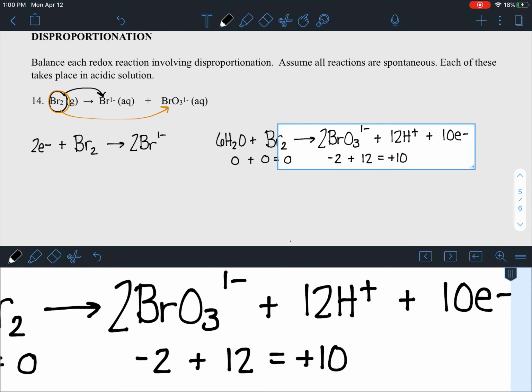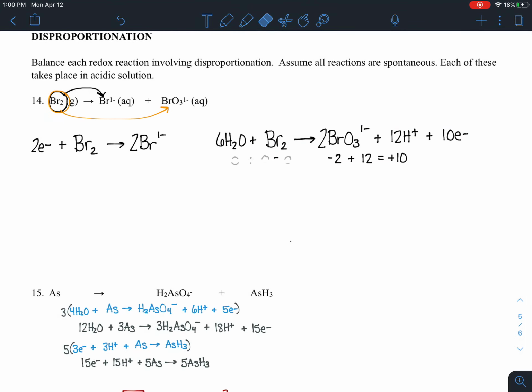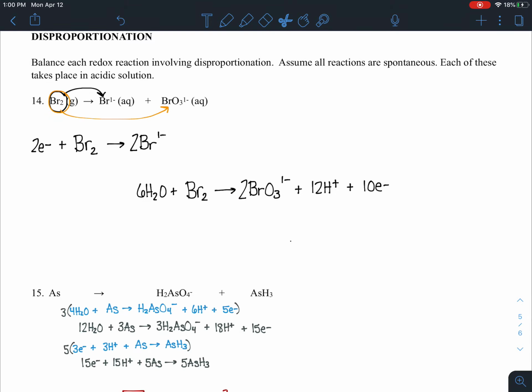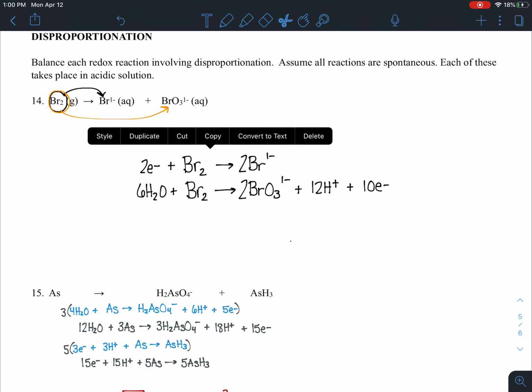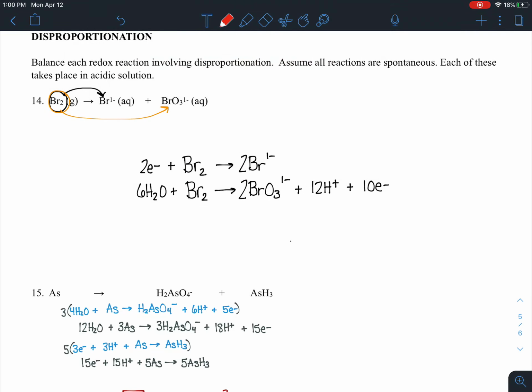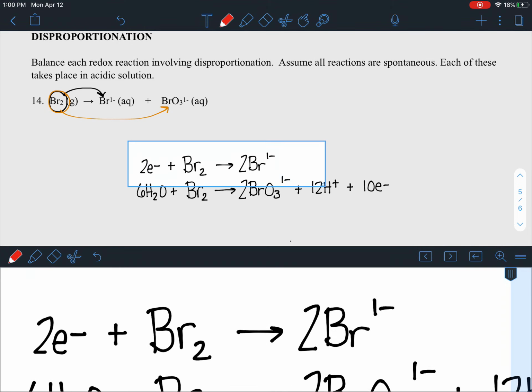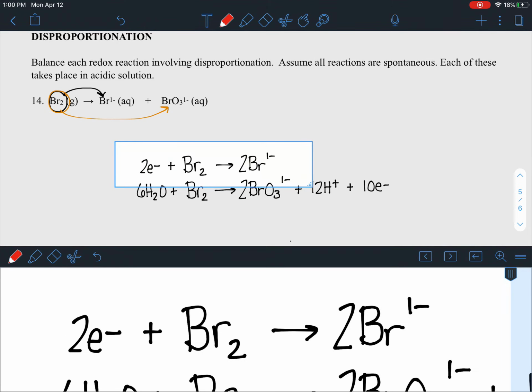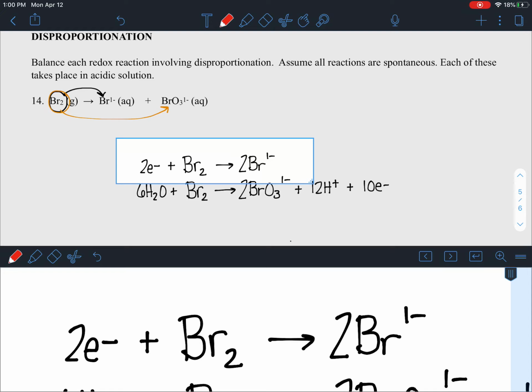All right, so I'm going to clean this up just a little bit and then go ahead and do the rest of this problem. So one of the things at this point I kind of like to do, especially with Notability, is kind of slide things around to make it easier, line things up. So here we can see that we have 2 electrons on the top equation and 10 on the bottom equation. So just like before, we're going to go ahead and multiply that top equation by a number that'll get us to 10.